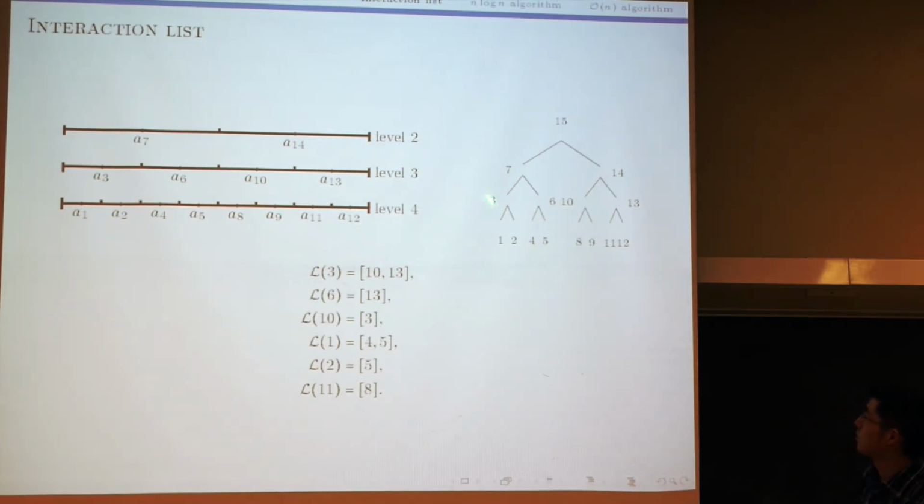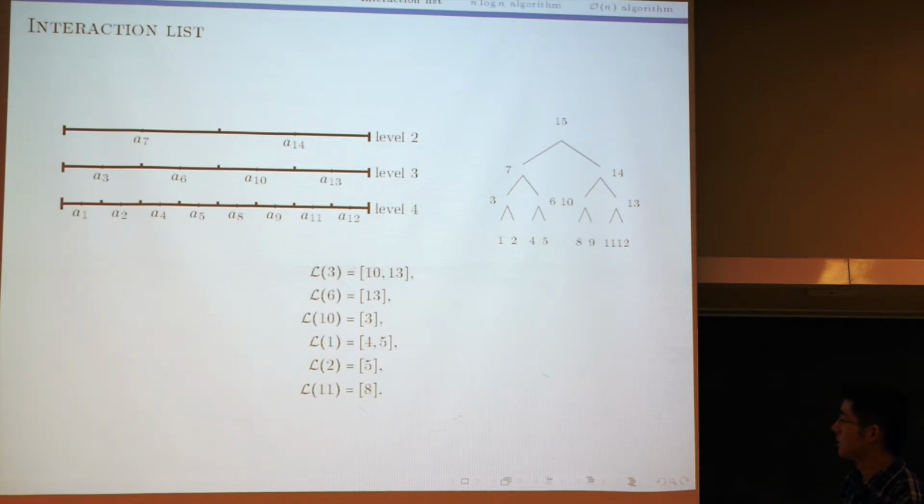For node 3, by the definition before, the potential nodes for the list are well separated from 3, which are 10 and 13. But another requirement is that their parents must be near neighbors. And we see that the parent of 3, which is 7, is indeed the near neighbor of the parent of these two nodes, which is 14.